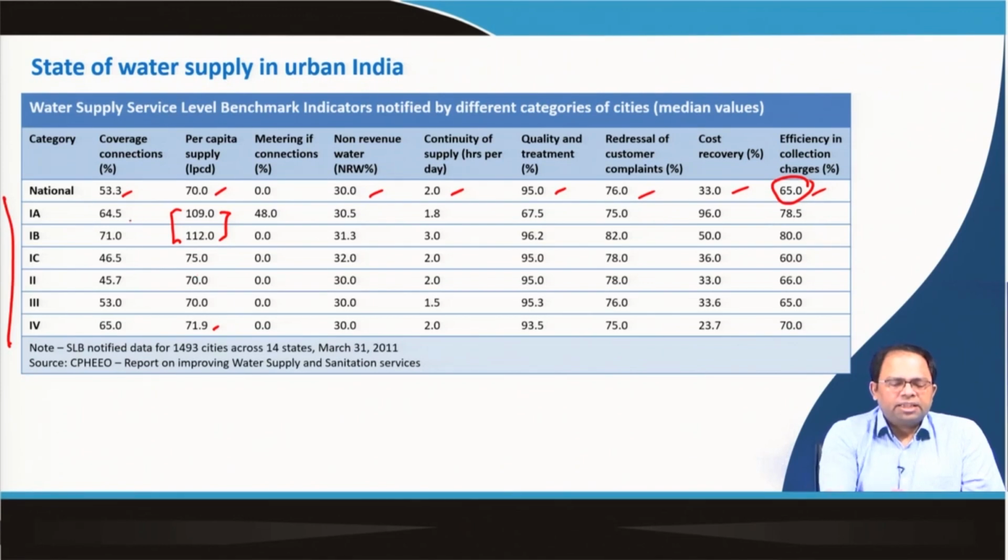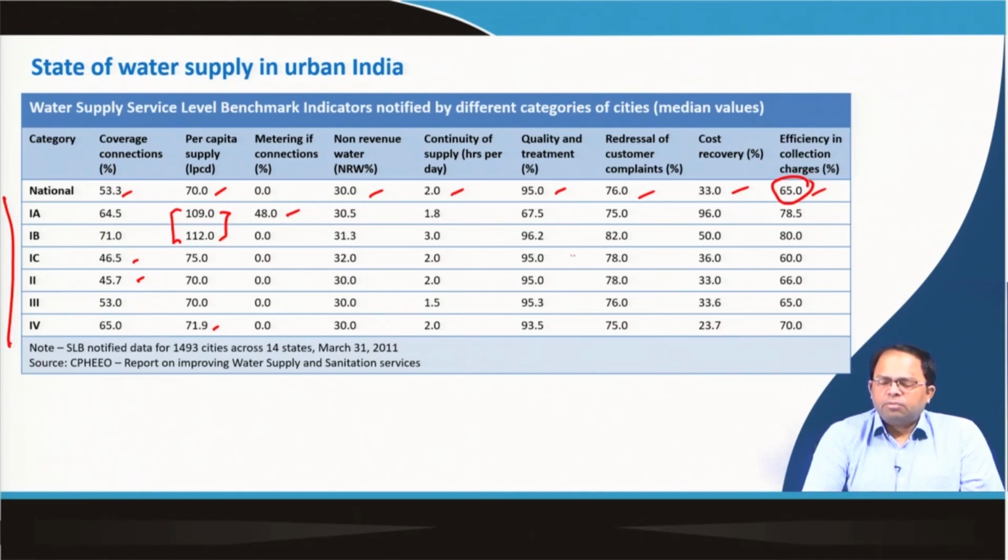Similarly, coverage in connections in some categories of cities was observed to be around 46% or 45%, which is pretty low. For metered connections, some major cities have shown a lot of coverage, but in many cities it is not there.